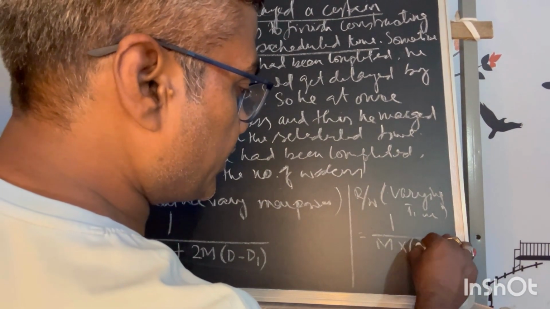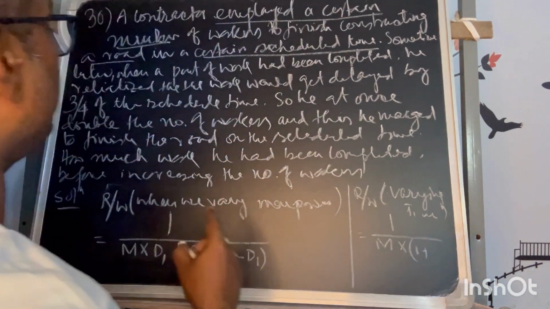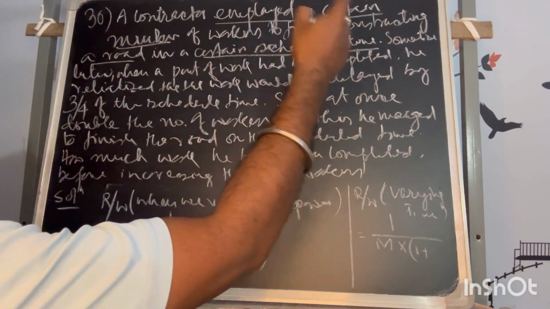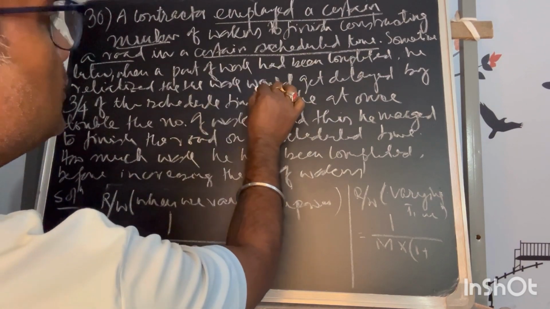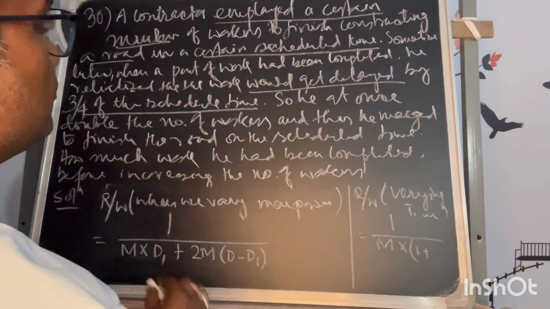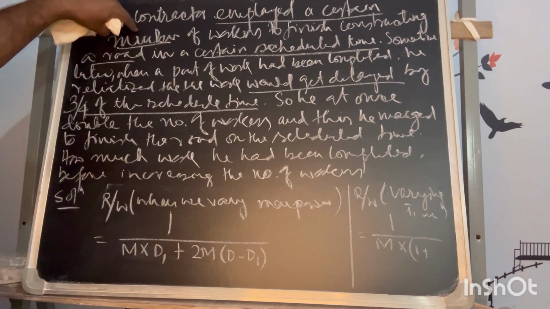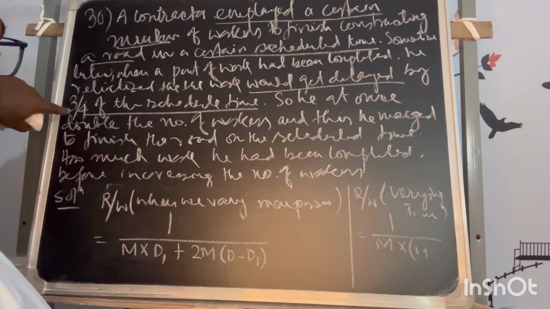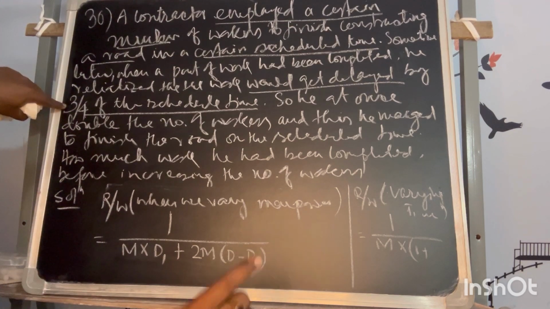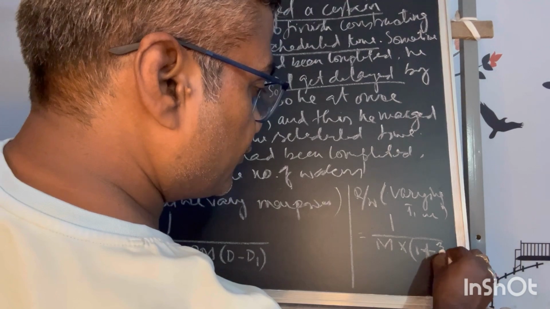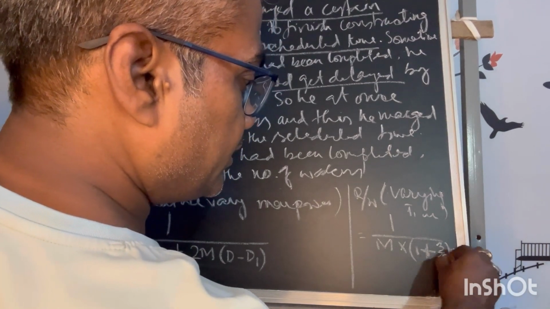Only thing is I am varying the time. Why am I saying varying the time? What he has realized is that the same work would get delayed by 3/4 of the scheduled time, if he follows the same manpower without improvising the manpower. He needs a total time of 1 plus 3/4 of D.